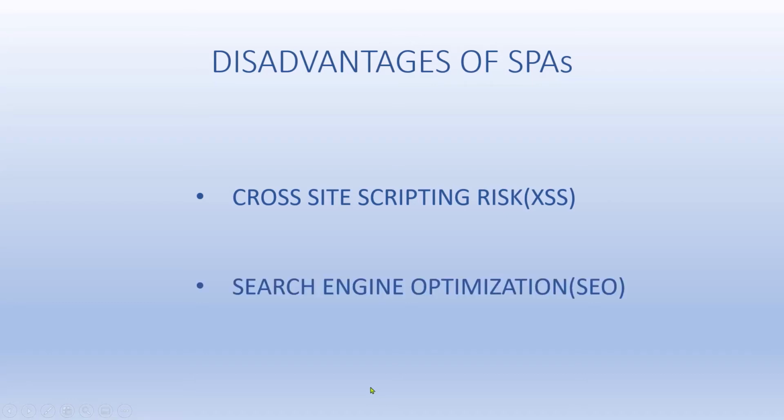The second one is to do with search engine optimization. Now, what is the meaning of search engine optimization? It is the process by which developers can make their application easier to find or more visible to a search engine, for example, Google. Right now, search engine optimization is a little more difficult to do with a single page application.